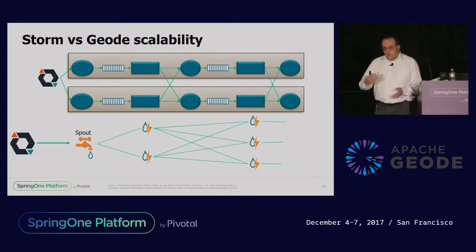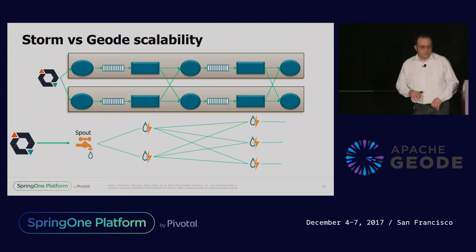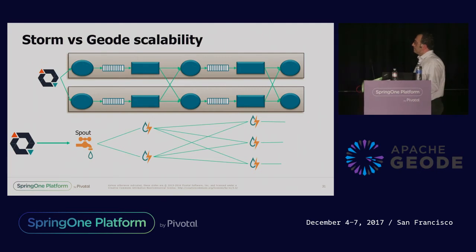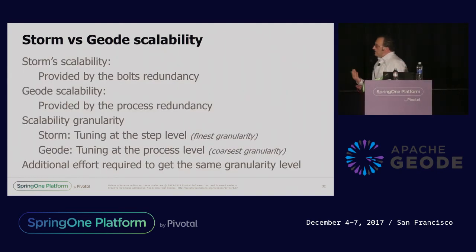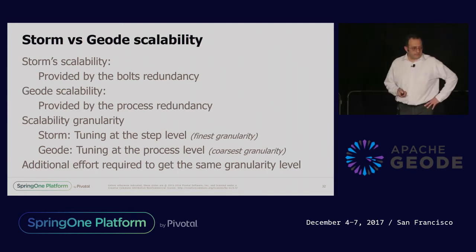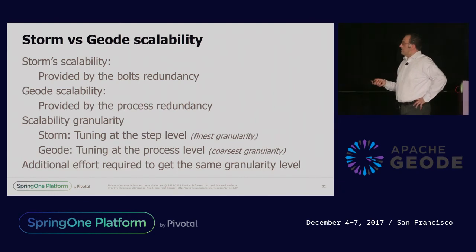Now, let's go a bit deeper into scalability. Have a look at these two pictures. We can see that Storm scalability is provided by bolt redundancy. In my pattern, Geode scalability is provided by process redundancy.